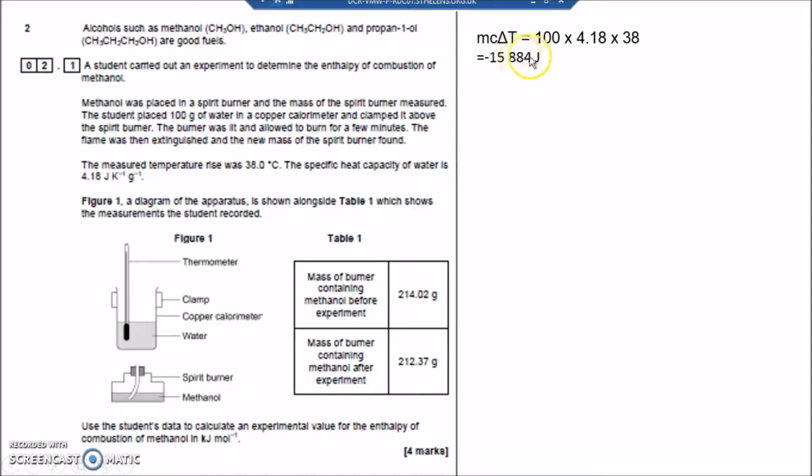I could convert that into kilojoules. Joules going into a larger unit value of kilojoules, you divide by 1,000, so that would be 15.884. I think I'll leave it as joules just for now though, because I know that the moles of methanol I've worked out the mass of methanol.